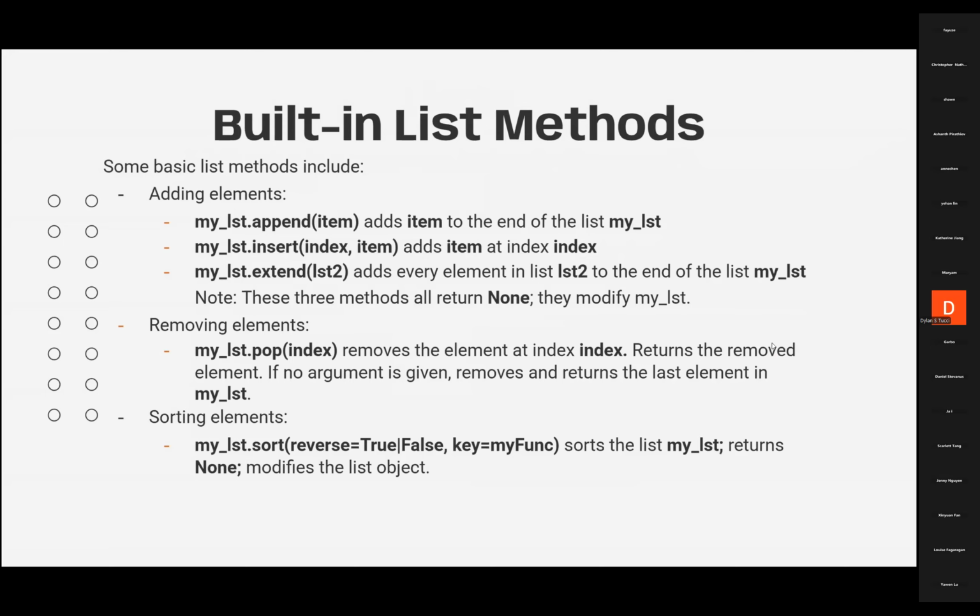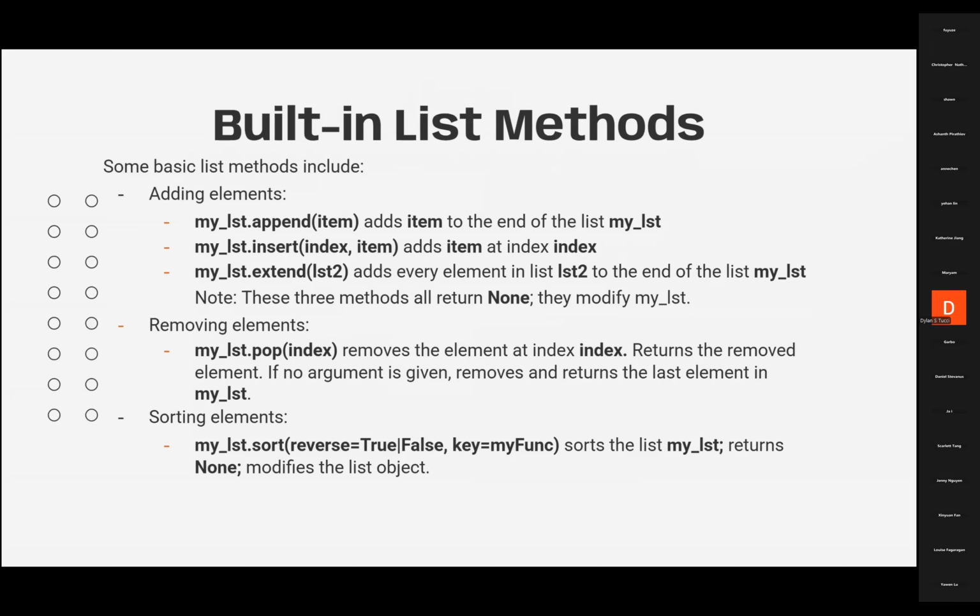Here are some built-in list methods. For adding elements, we have three methods. The first one is append. We just add one item to the end of the list, and it modifies the original list. In insert, we add an item at index i, where the index is the first parameter and the item is the second parameter, the element we want to insert.